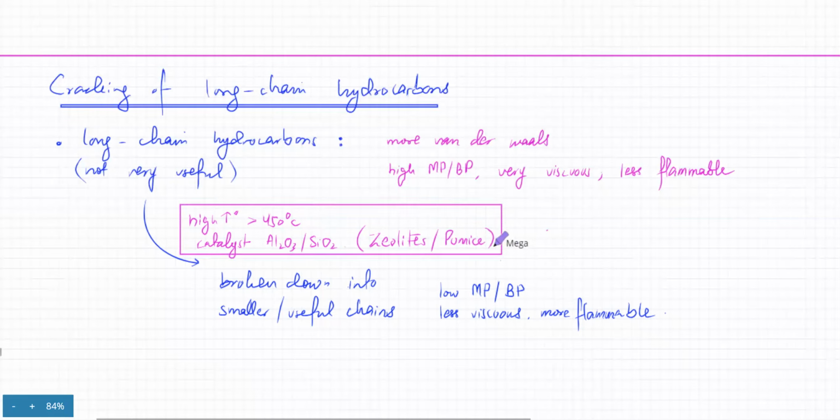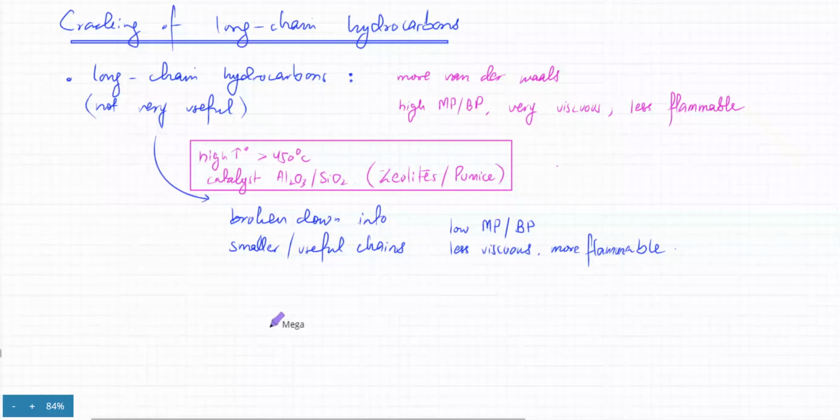Okay, just remember that. Most of it is O levels. And one thing that you should remember about cracking is what happens in the cracking reaction. Let's say you have a big molecule, 50 carbon atoms, and H is 2n plus 2, that's 102. And you crack it.